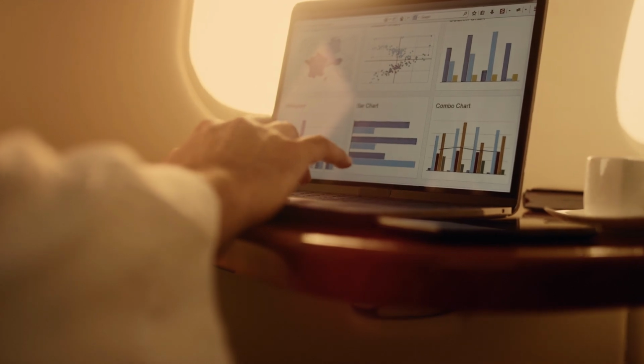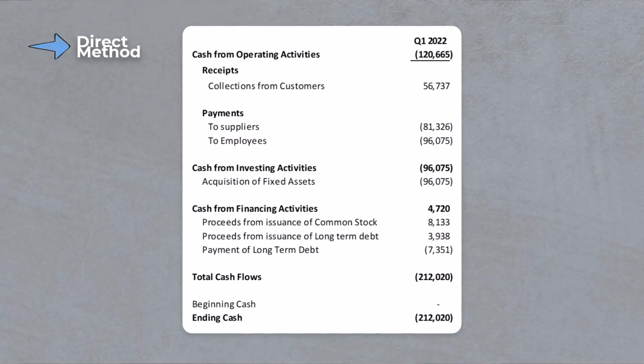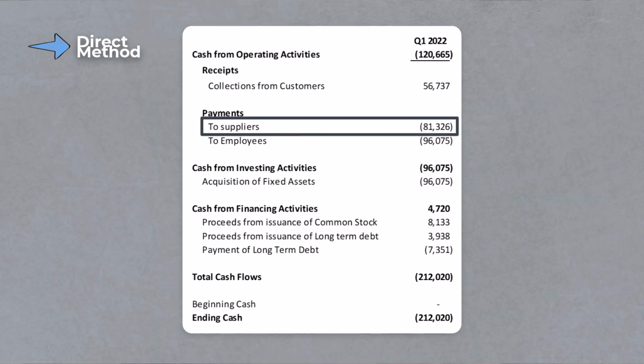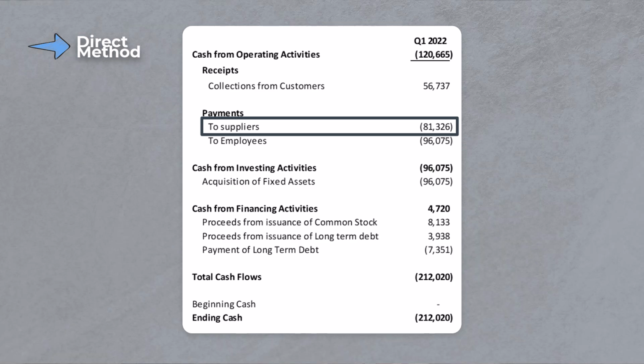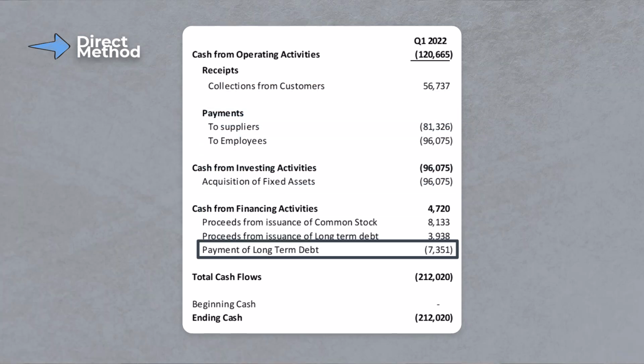Okay, so now that we know about the 3 sections on the statement of cash flows, let's talk about 2 ways in which you could present a statement of cash flows: the direct method and the indirect method. The direct method looks like this, and it's really easy to understand. As you can see here, you can understand how much cash was paid out to suppliers, how much cash was received from customers, how much cash was paid for loans.